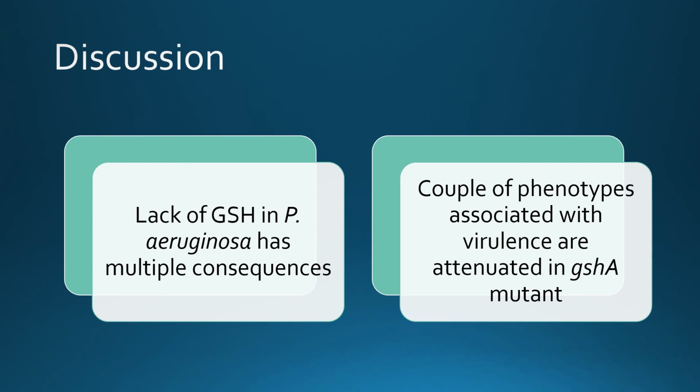So when this gene is mutated, these phenotypes that help Pseudomonas aeruginosa become virulent are decreased, which decreases its ability to move, to establish itself with biofilms, pyocyanin production, and ultimately its ability to resist antibiotic treatment.